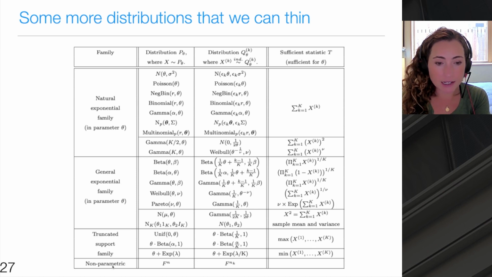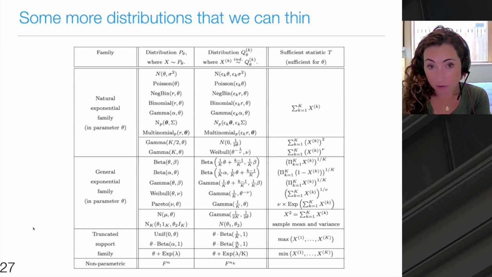And then finally, the non-parametric example that I talked about, where we assume that X follows an F to the N distribution. In other words, our data is a random vector of length N, where each element is IID F distributed. We can thin that as well. So essentially, if you can come up with a distribution that involves a sufficient statistic, there's a good chance that you could thin it.